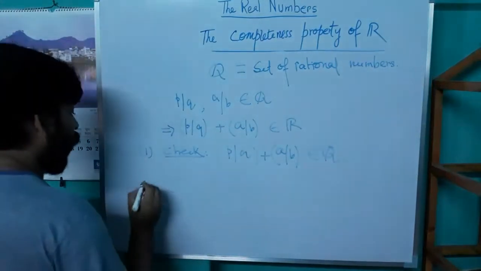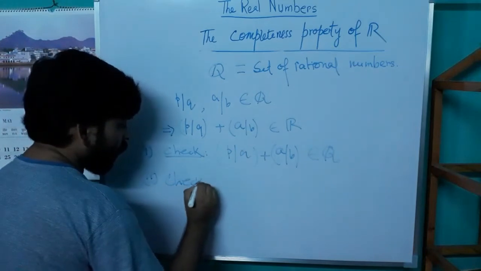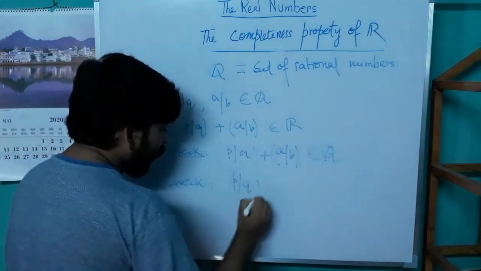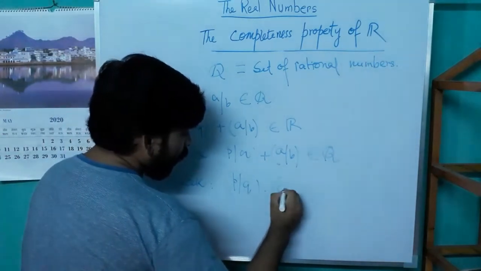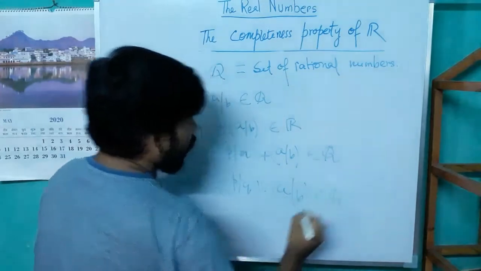And also it is easy to check that the multiplication of two rational numbers is rational.